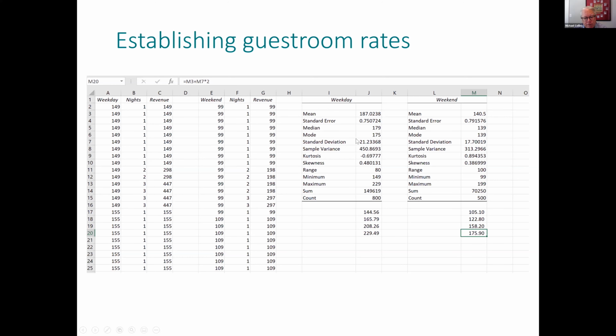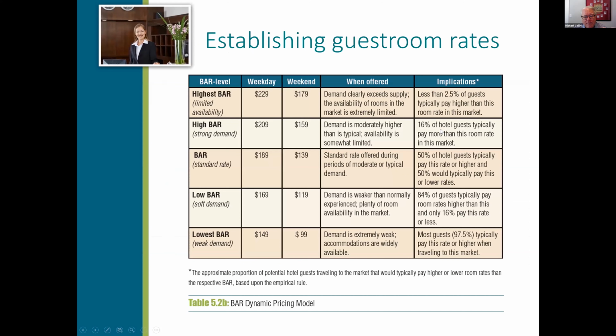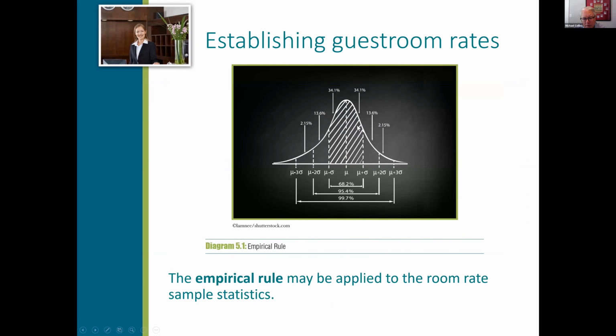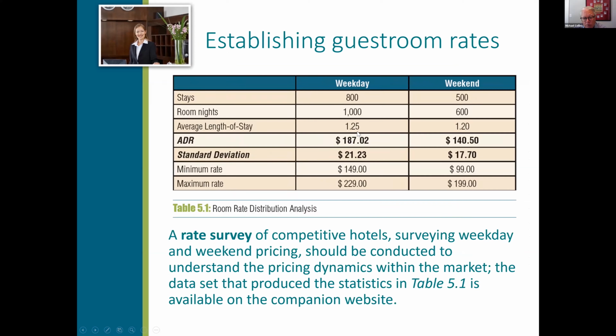I'm sure most of you are familiar with that tool pack, but I can then take that information. If I know my average rate during the week is $187 and the standard deviation is about $20, I then can apply this empirical rule, which tells me that 68%, or about 2 out of 3 hotels in my competitive set, are charging within 1 standard deviation of the mean.